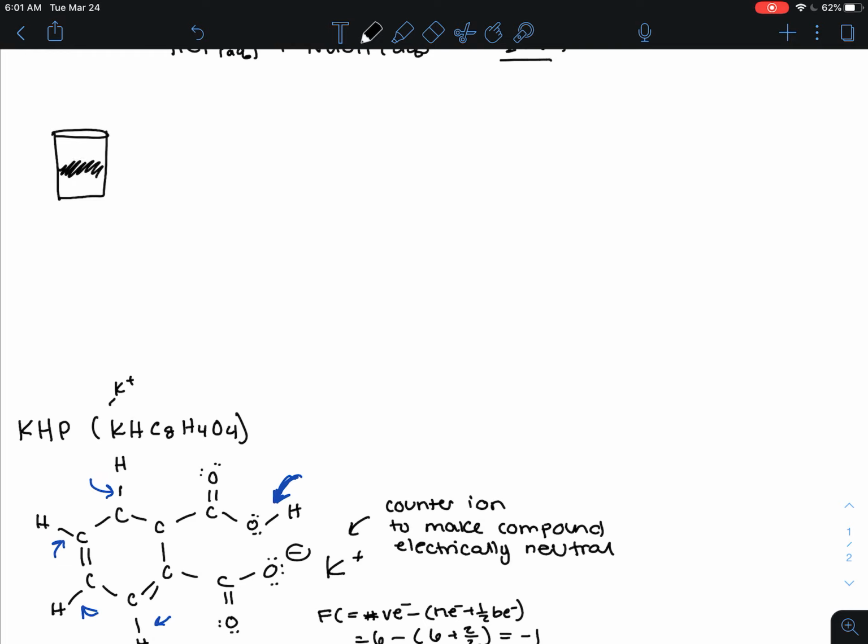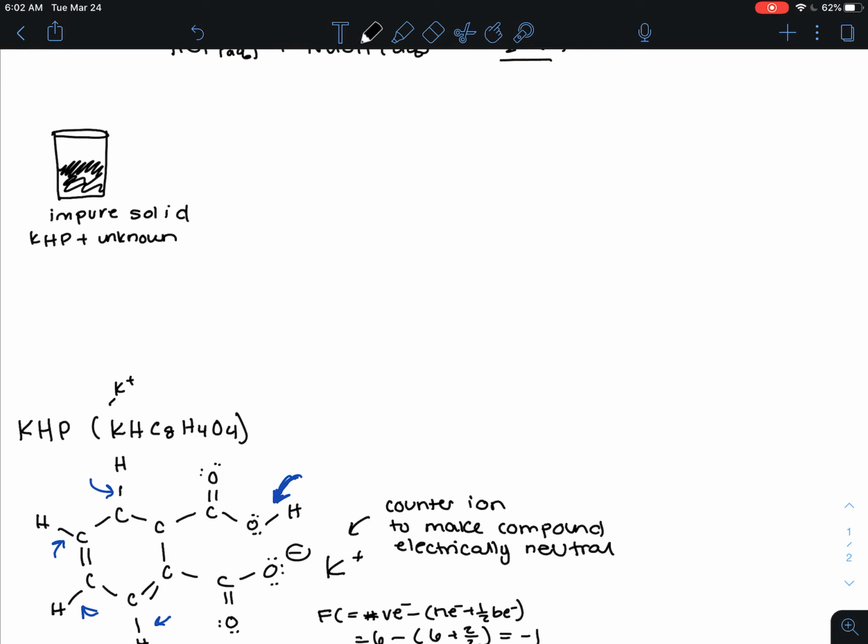And in this lab, you'll be given a little plastic vial, right? And it has some kind of solid in it. This is an impure solid. It has KHP plus an unknown. Now, you don't know how much KHP is in this solid.